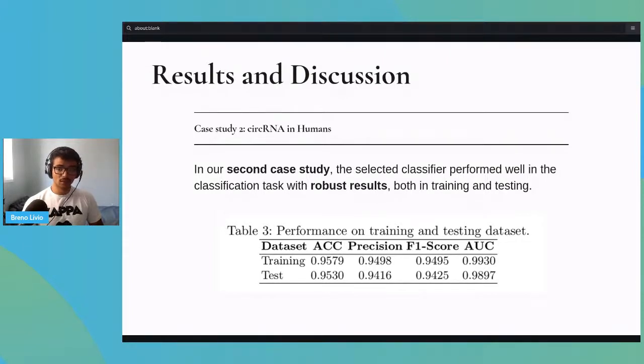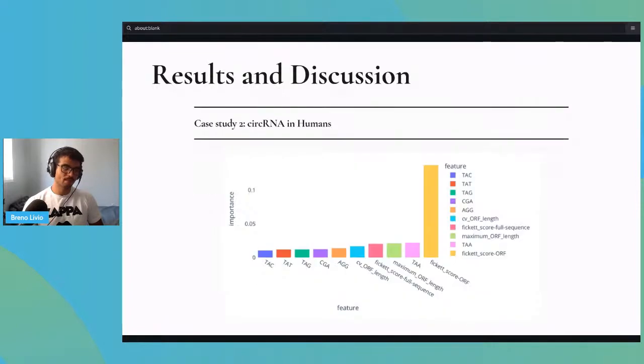Based on this, we investigated which features are most important to classify circular RNA and long non-coding RNA. For this case study, we have this figure, which provides the best 10 features, calculated through the Gini importance in a normalized way.